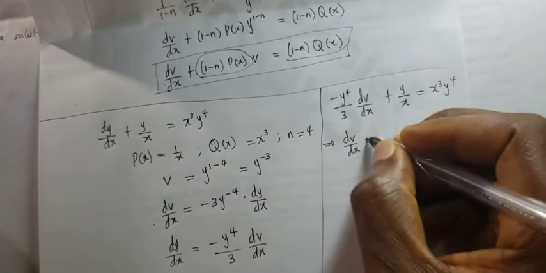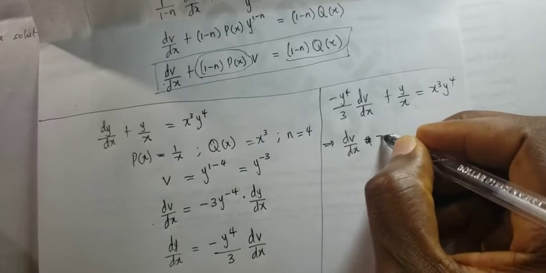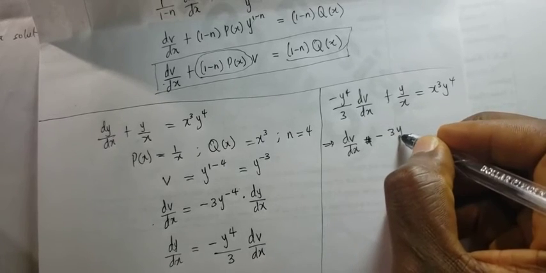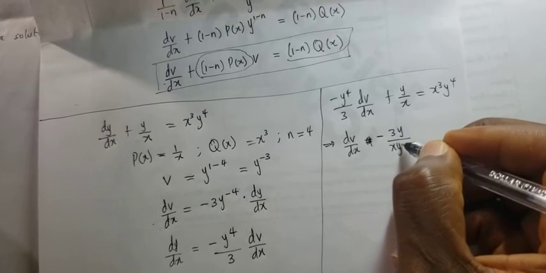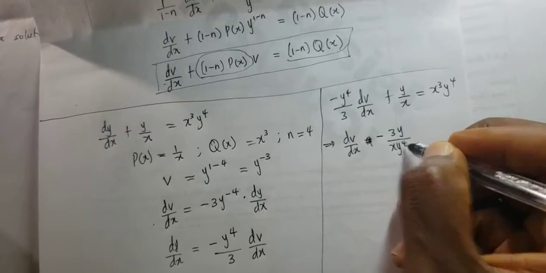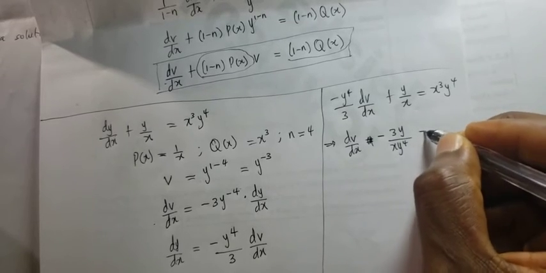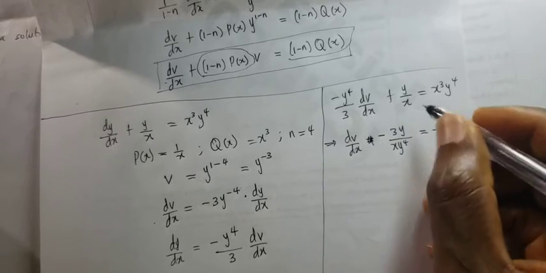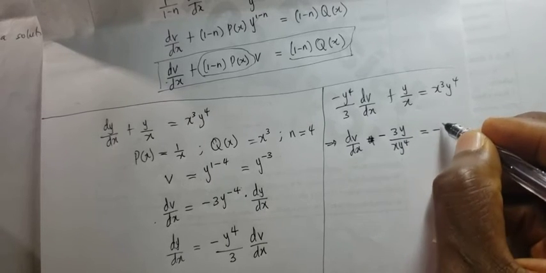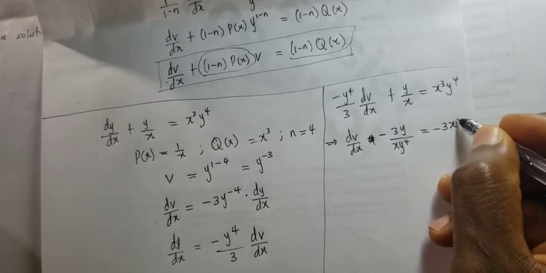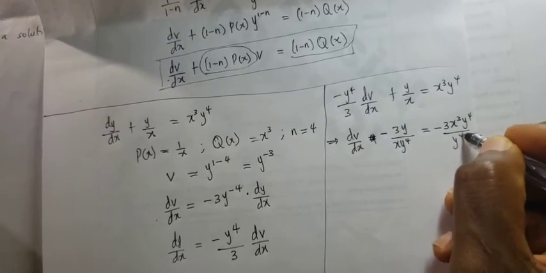That's going to be dv/dx equal to minus 3y over x y to power 4, and then equal to minus, because we're multiplying through by minus 3, minus 3x raised to power 3 y to power 4, divided by y to power 4.